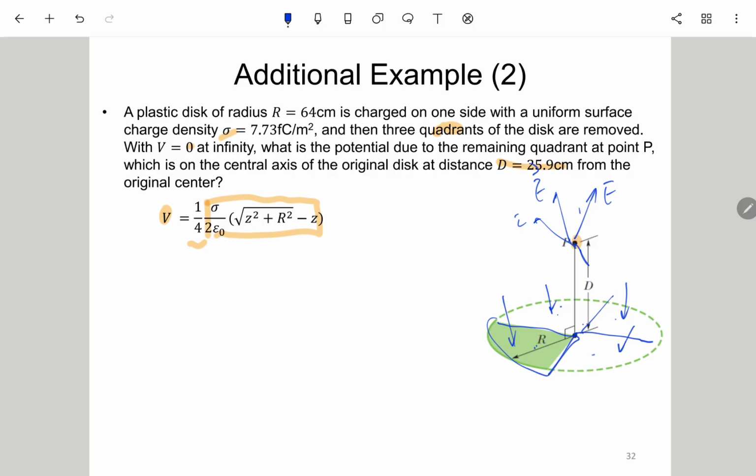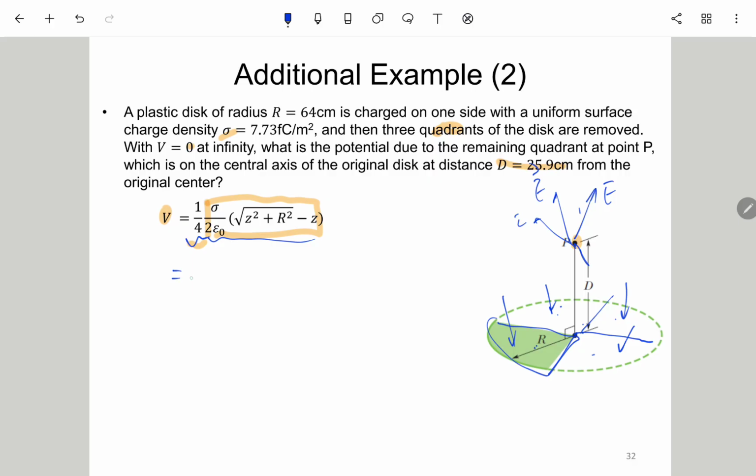As V is a scalar, and all these are symmetrical with respect to point P, just like rotating, the relative positions are the same. So all these four quadrants generate the same part of V, which is 1/4 of the potential generated by the whole disk.